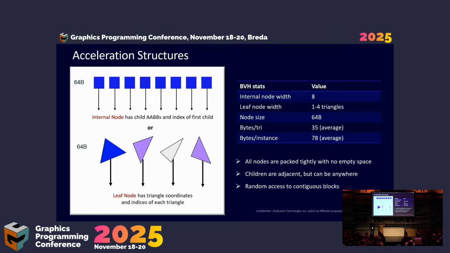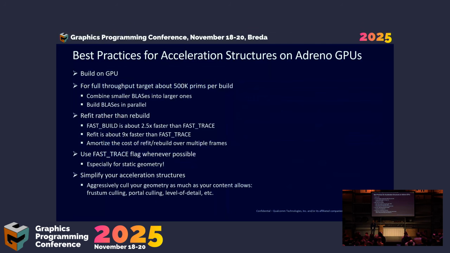When you're building acceleration structures on our GPUs, some good things to keep in mind are that you want to build on the GPU. We have world-class builders that implement the modern techniques and accelerate building acceleration structures quite well. For full throughput, you want to fill up our machine, so you probably want to send about 500,000 primitives per build.